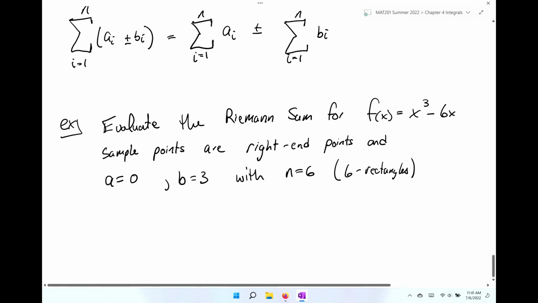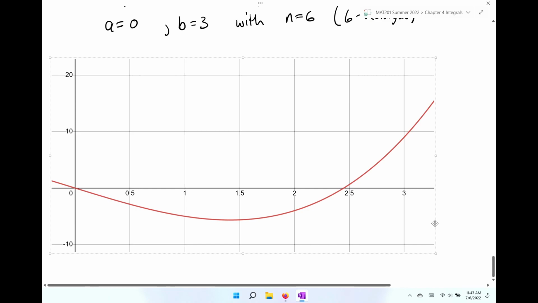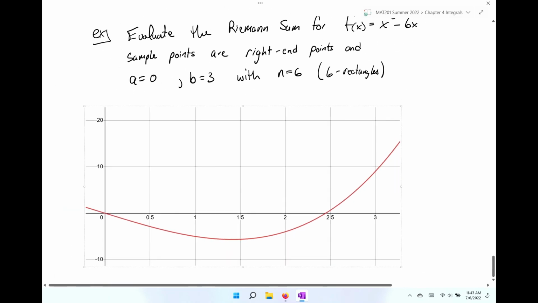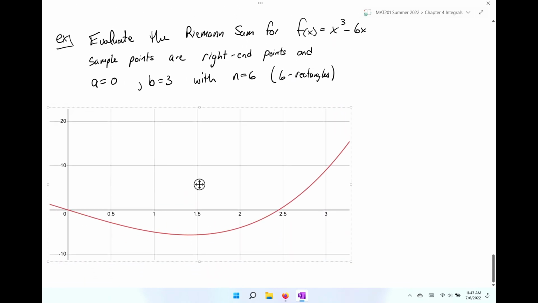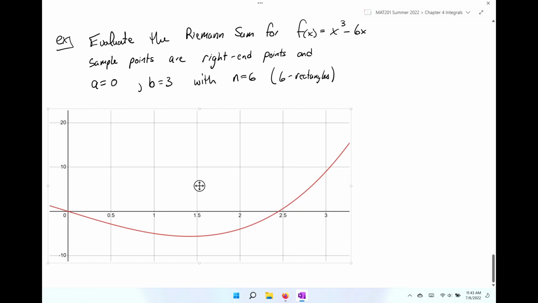All right. So what I'm going to do here is I'm just going to go ahead and graph this real quick. So here's our graph. And I'm just going to walk us through this. It's not difficult at all. So when we're using Riemann sums, we're going to be using the definition of the definite integral.